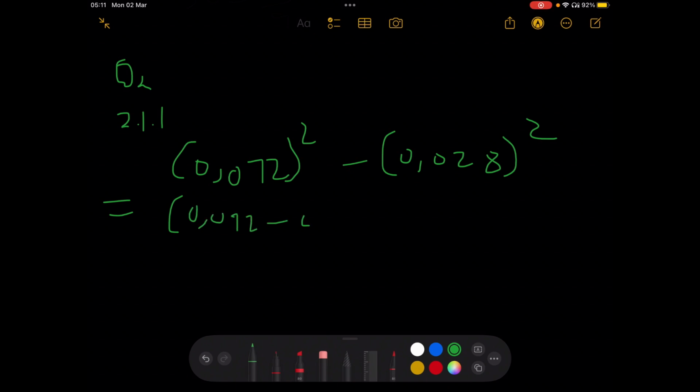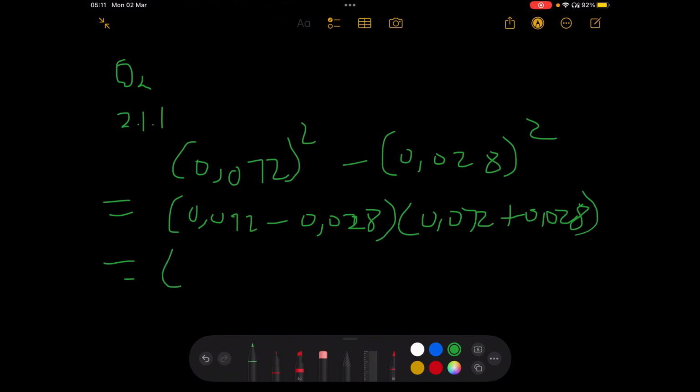0,072 minus 0,028. That's what we have done in factorizing. 0,072 plus 0,028. Now, to sum this up, you can subtract 28 from 72, and when you do that, you get 0,044, right?